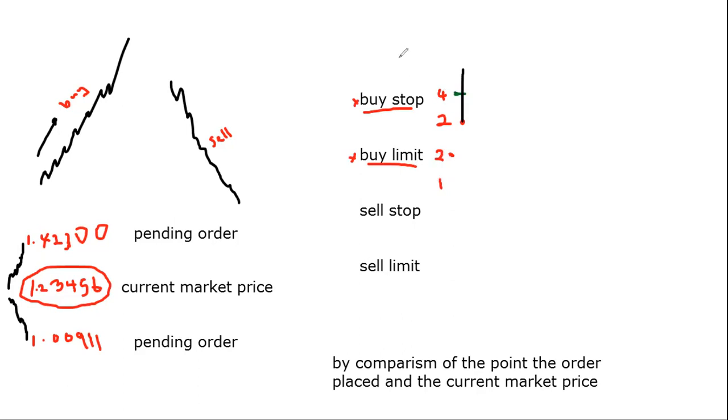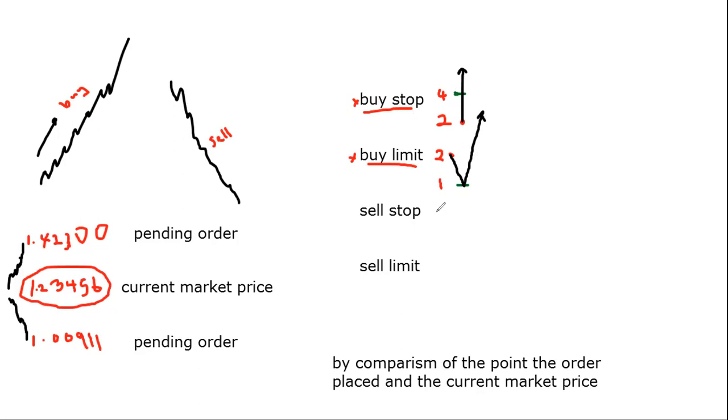So I place it below the current market price to buy. And what am I expecting? I want the price to depreciate first before it appreciates. So in both cases, I want the market to go up. But in the first case, I place my order above the current market price, and in the second case, I place my order below the current market price.